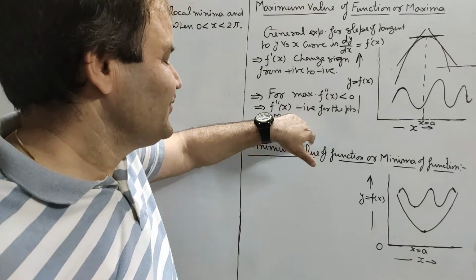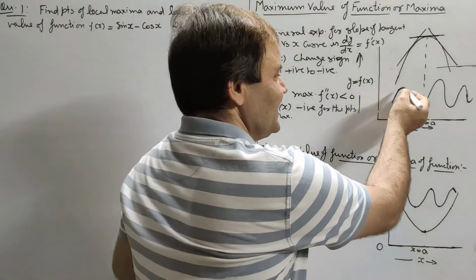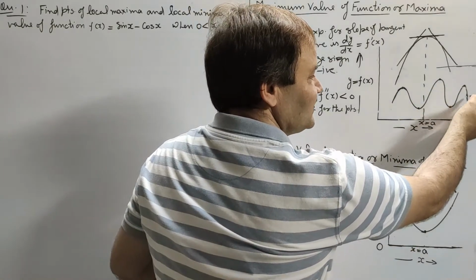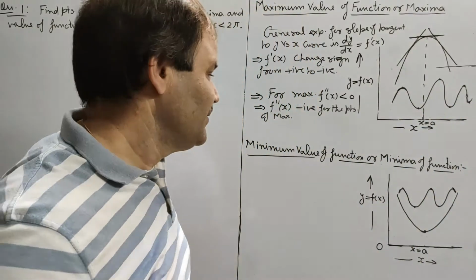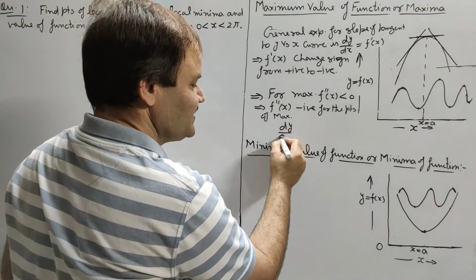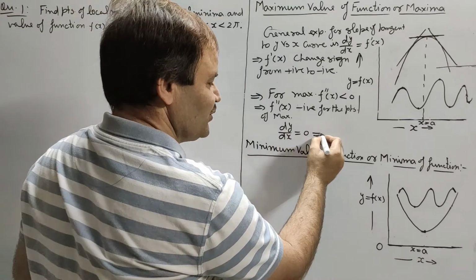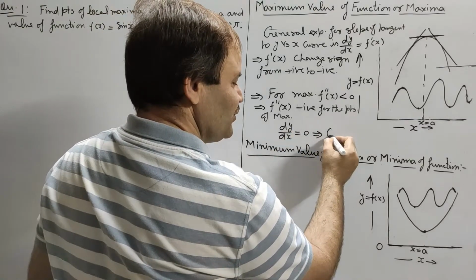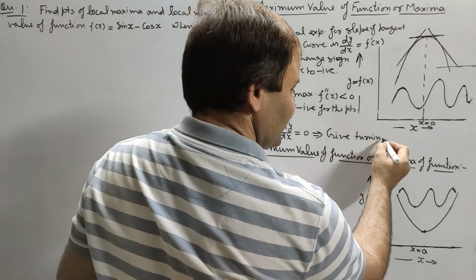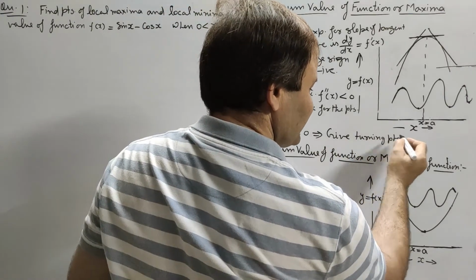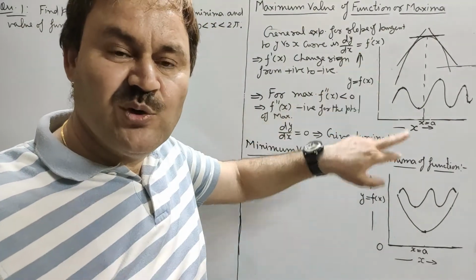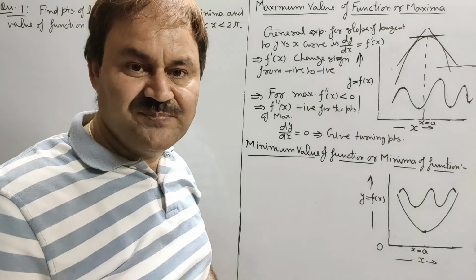Now, how to find those points? The points for which the function is maximum or minimum can be found by putting dy by dx equal to 0. So dy by dx equal to 0 will give all turning points. Turning points means the points at which the function is either maximum or minimum.